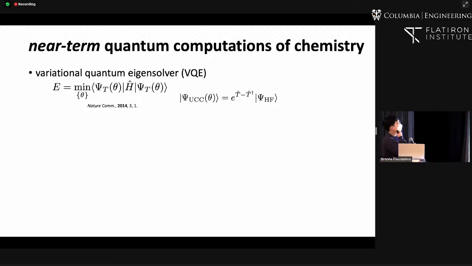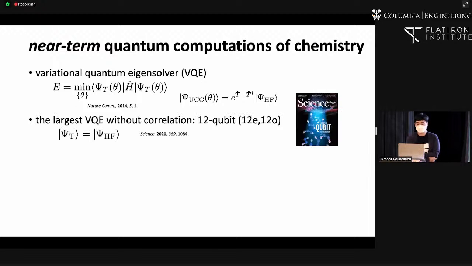If you recognize this, the usual coupled cluster wave function would have e to the T, but the unitary version has T minus T dagger, and it's unitary, so you can write an efficient circuit representation for this wave function, a unitary circuit. And what you do is you measure the energy and the gradient on the quantum computer and then do the rest of the optimization procedure on the classical computer. So this is a very simple idea that actually has been very, very popular in this field.